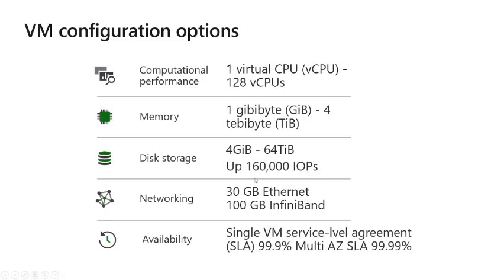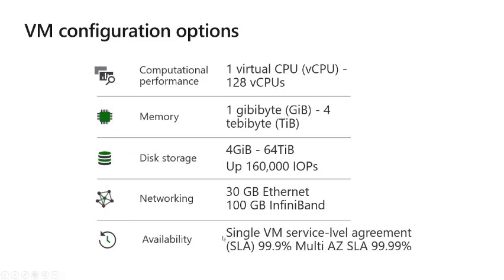It's really too much. I don't think you'll need this anytime, but if you do, then you can use it, but you will pay too much for this. Networking, you can have 30 gigabit Ethernet to 100 Gb of InfiniBand. This is again too much.